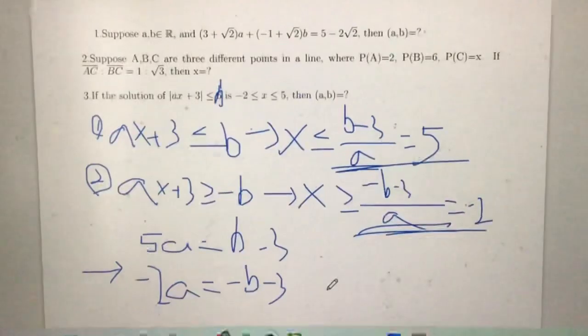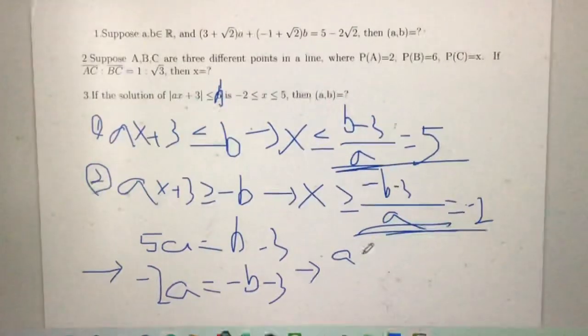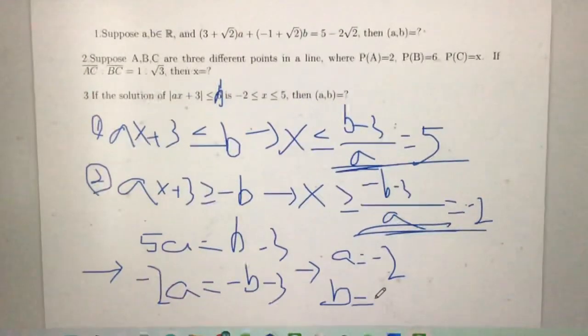We can write it like this, and we can solve this. A is equal to 2, and b is 7. And this is the answer for this question. Okay, so this is the video, and we solved these 3 questions. Thank you everyone, and see you next time. Bye.